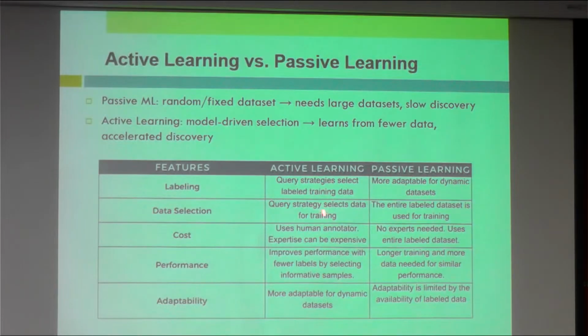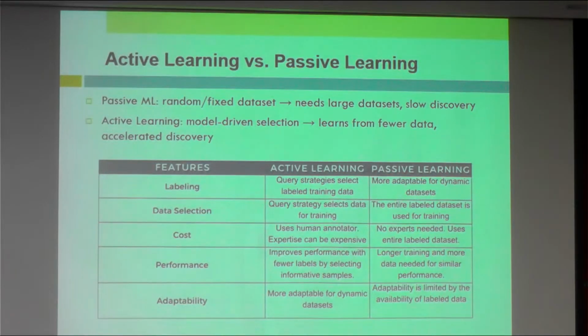Then the query happens when you already have the data for processing or trying to identify the properties. For passive learning, the entire labeled data set is used for training, whereas in active learning, it selects data for a training strategy. Meaning to say, it will select certain data and query on the properties, for example, in order to get the information accurately.